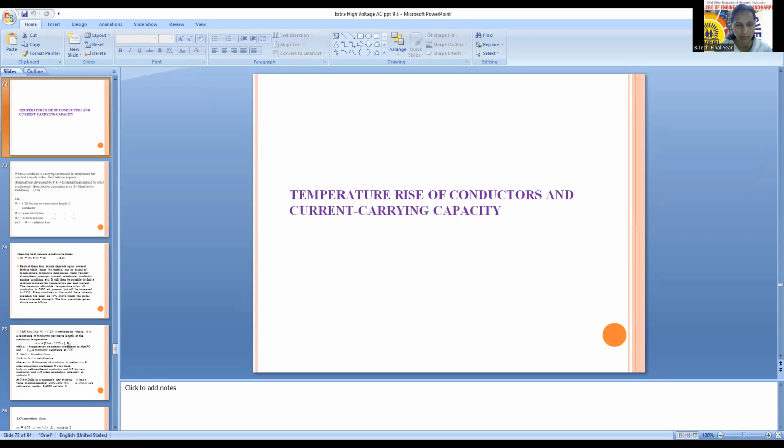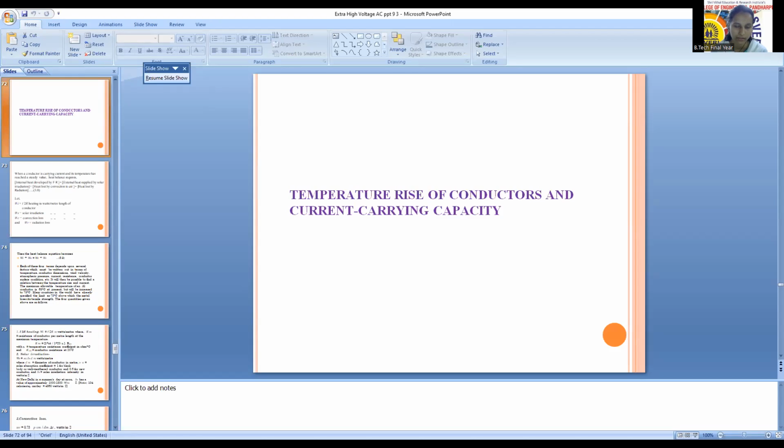Current carrying capacity is nothing but the maximum current that continuously passes through that conductor without excess development of heat, that is, the maximum current that flows through the conducting material without causing excess heat.